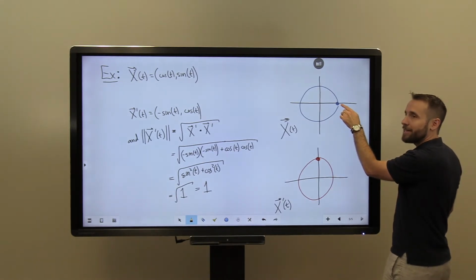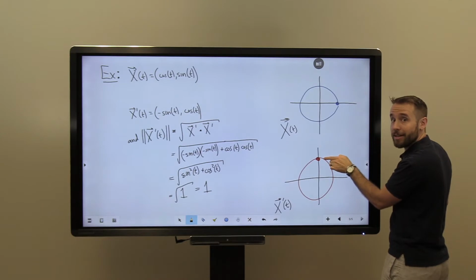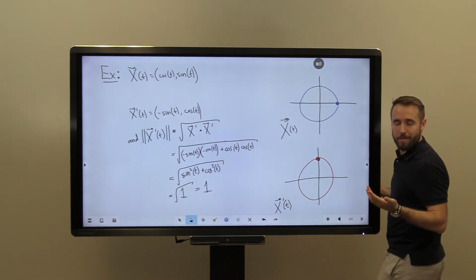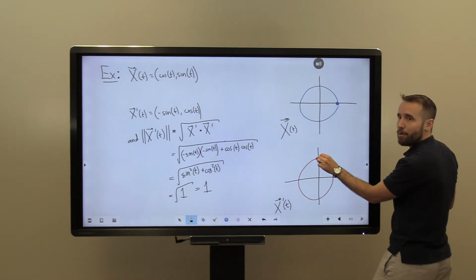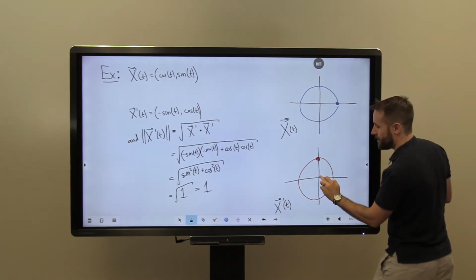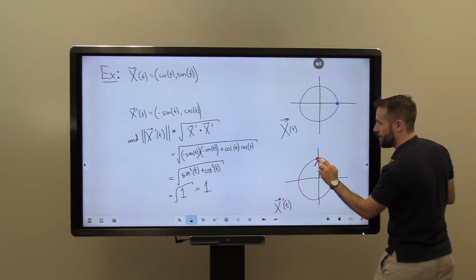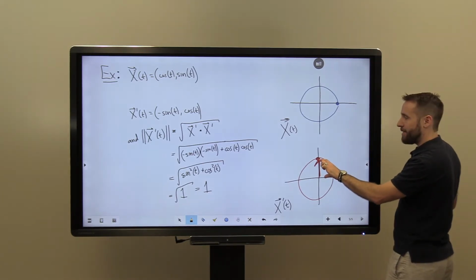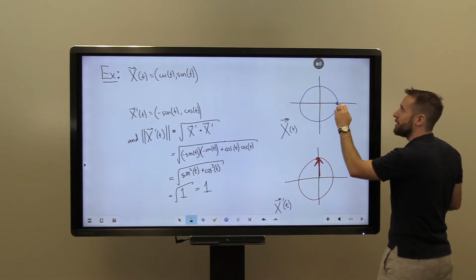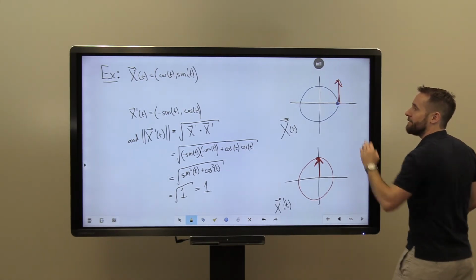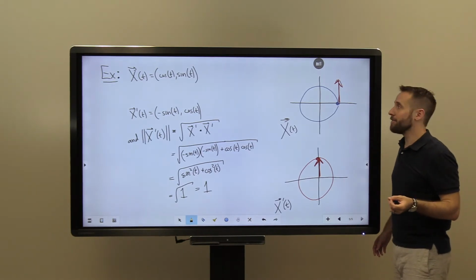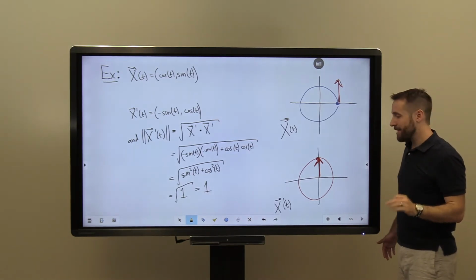Our x of t started here, our x prime of t started here. It's maybe more geometrically intuitive to think of this not as a point in xy space, but as this arrow right here. And if I transplant that arrow up to this picture, what I get is the velocity vector of my parametrized curve at that given moment in time.